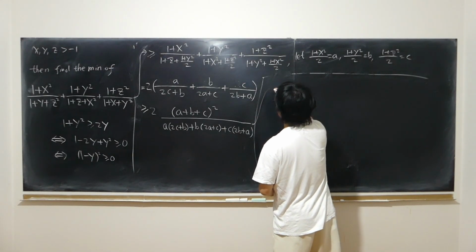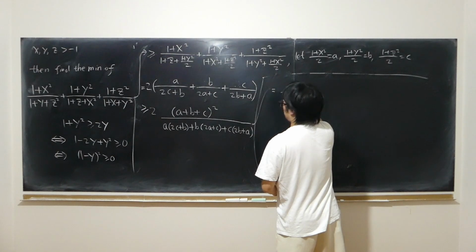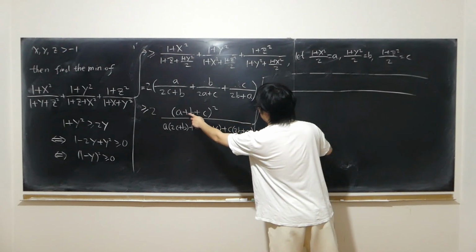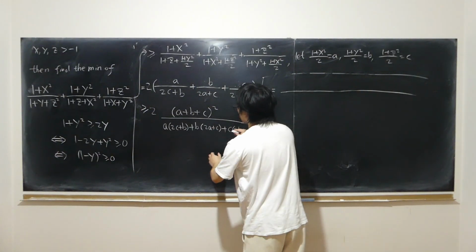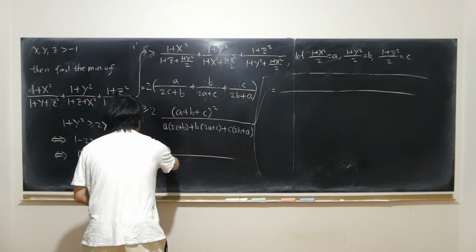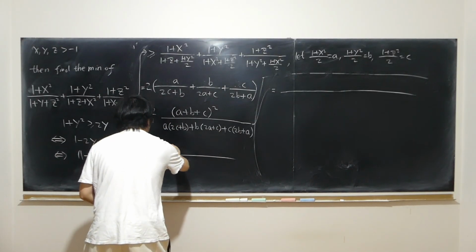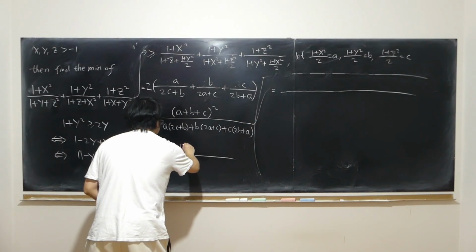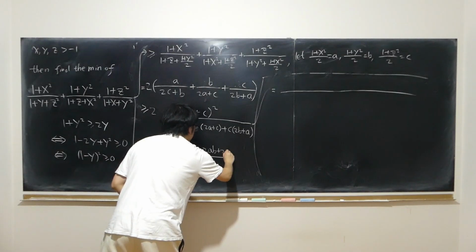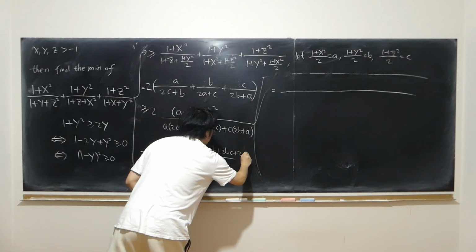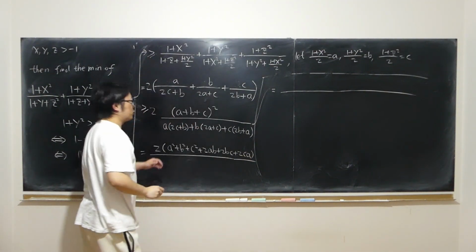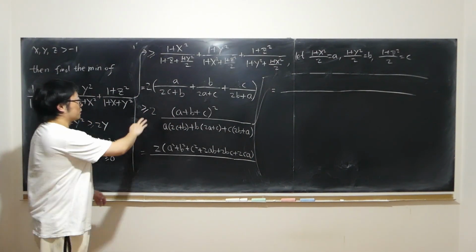Twice of here, just a squared plus b squared plus c squared plus 2ab plus 2bc plus 2ca. This is a standard expansion of (a plus b plus c) squared.